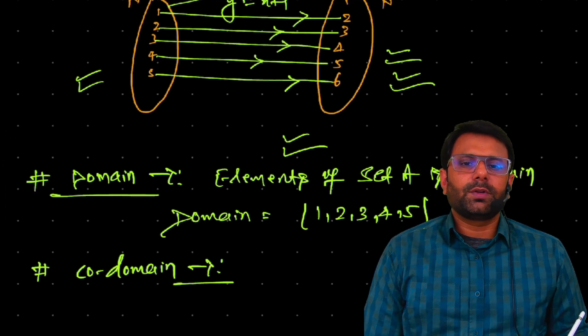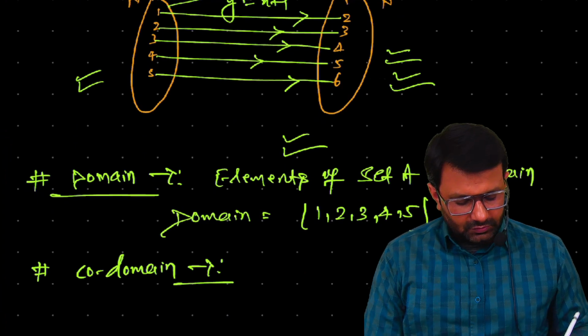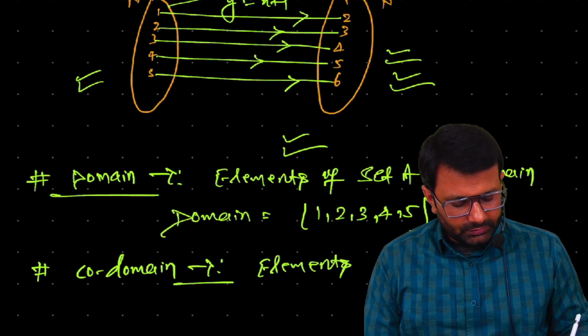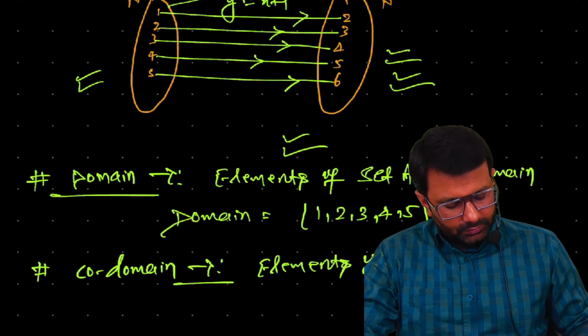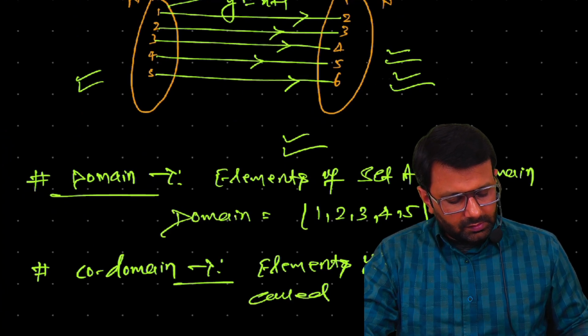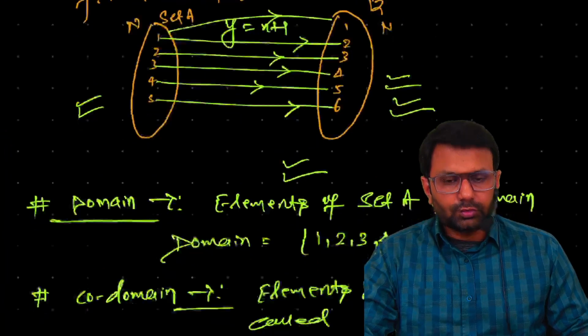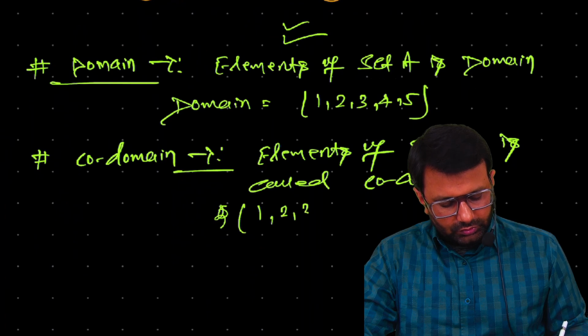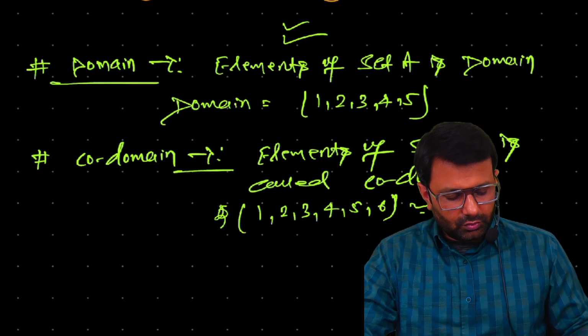Elements of set B is called codomain. So what is here? 1 to 6. So this becomes 1 2 3 4 5 6. So this is called codomain.